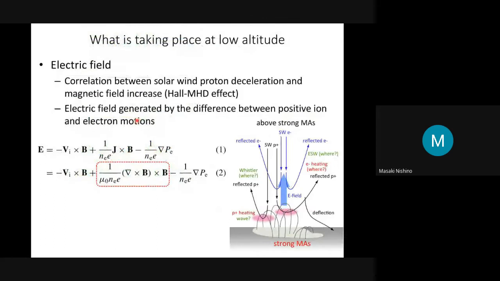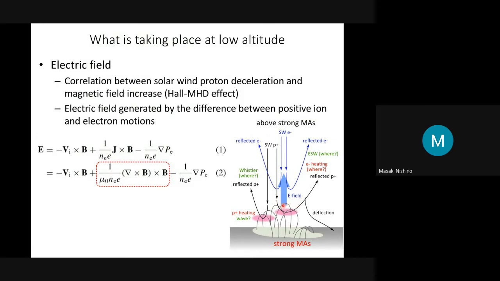So this is a picture of what is going on right above such strong magnetic anomalies. Because of the difference of masses of protons and electrons, solar wind protons can more deeply come into the magnetized region than electrons.